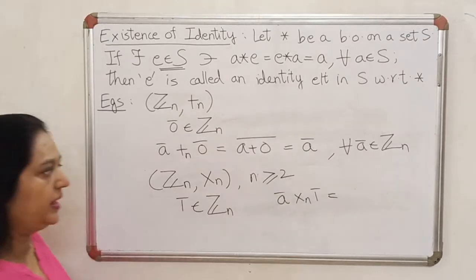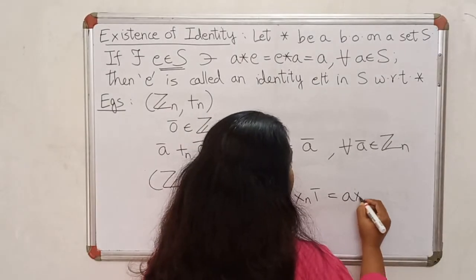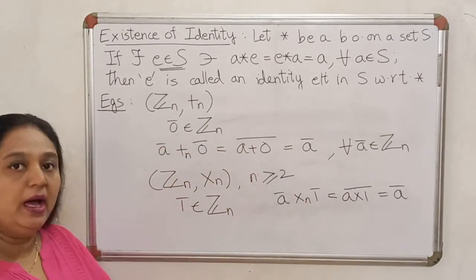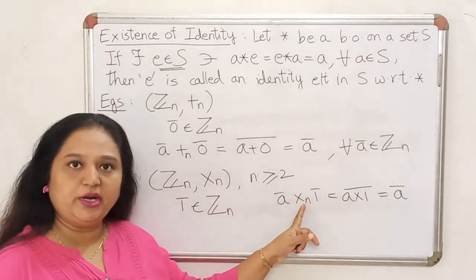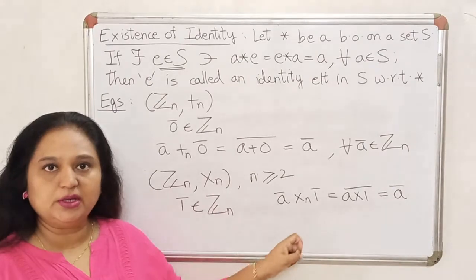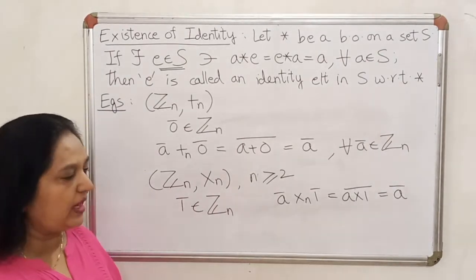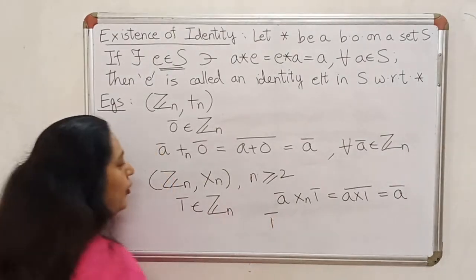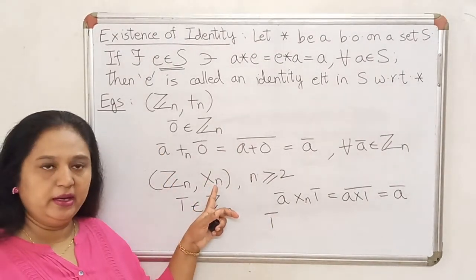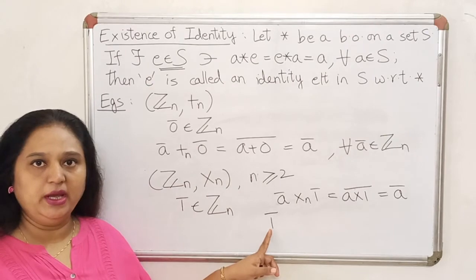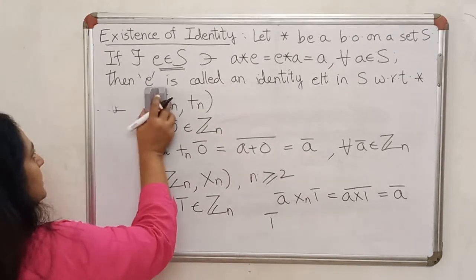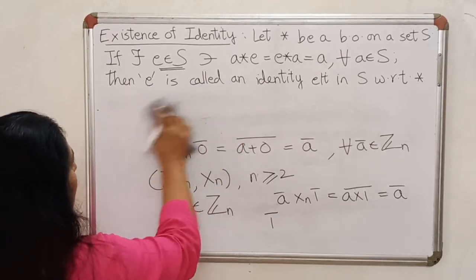We have learned multiplication. It is a bar multiplied by 1 bar, but that will always give me a bar. Again, multiplication is commutative, so I don't need to worry about the other way around of the equation. That will also be satisfied. So in Zn, for multiplication modulo n, 1 bar is going to be the identity. These are all the standard examples that we have seen so far.